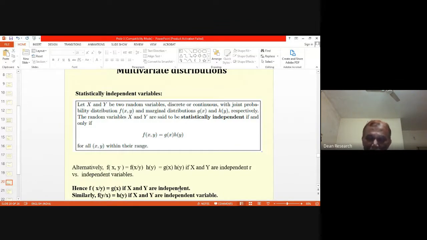Meaning, you compute g of x, you compute h of y, multiply them. If the multiplication of g of x and h of y gives you back f of x, y, then we say x and y are independent random variables. Simple definition, right? Is it difficult?